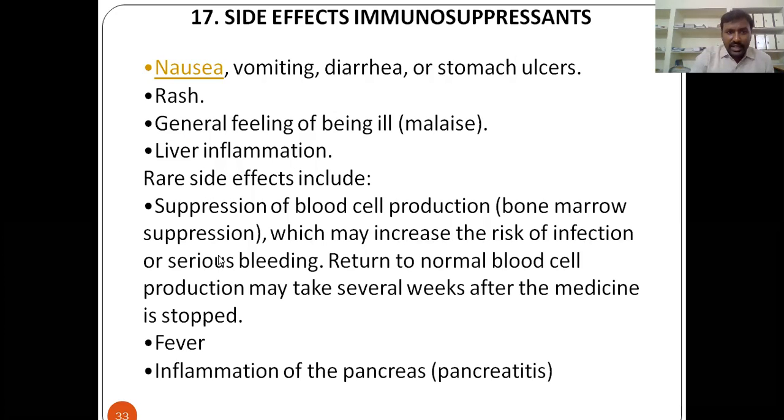But these are rare: rarely we can observe thrombocytopenia, bone marrow depression, fever, and inflammation of the pancreas. So we can write these side effects for any immunosuppressant.